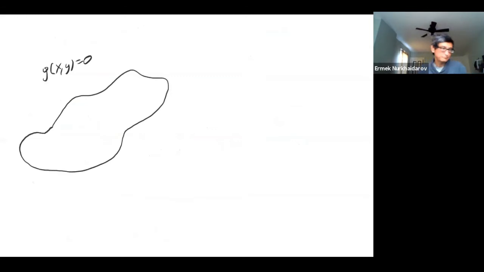Then on this curve, we have point P. Now what's going on at this point? Because the gradient of g at point P, at the point with coordinates x0, y0, is not equal to the 0 vector.